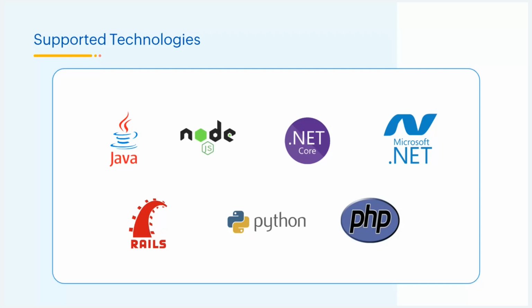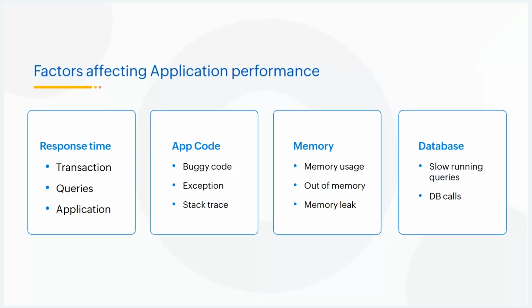So you can analyze the root cause of problems much faster by performing the first level of troubleshooting. Further, the technologies supported by APM Insight are Java, Node.js, .NET Core, Microsoft .NET, PHP, Ruby on Rails, and Python.